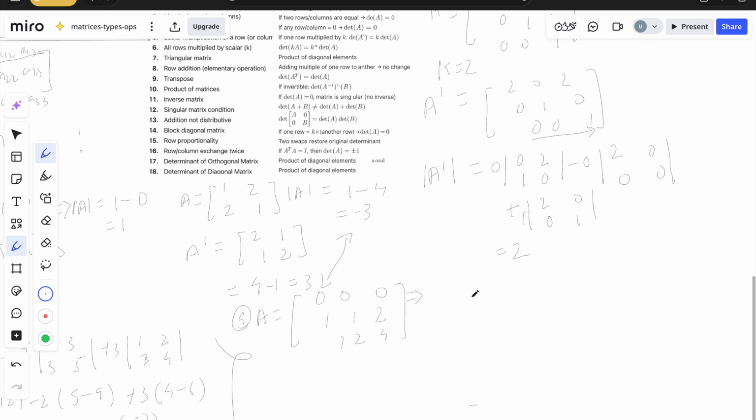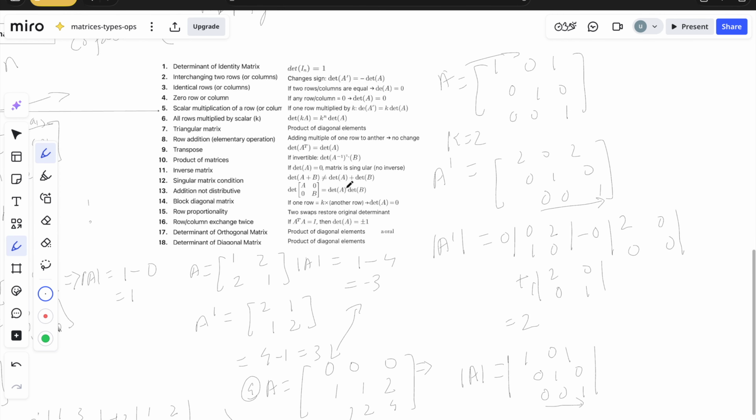If we calculate the determinant of A in its original form, we have 1 0 1, 0 1 0, 0 0 1, which will be equal to 1, right? If you just basically try and calculate around this row, which basically shows that k of determinant A is equal to determinant of A prime, which actually proves the property 5.